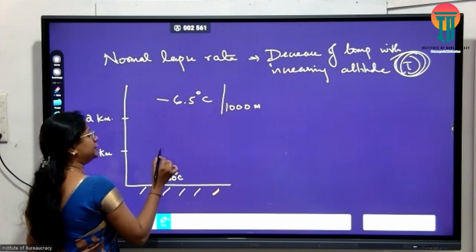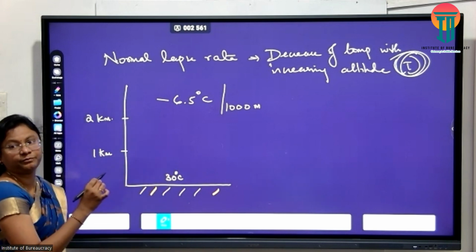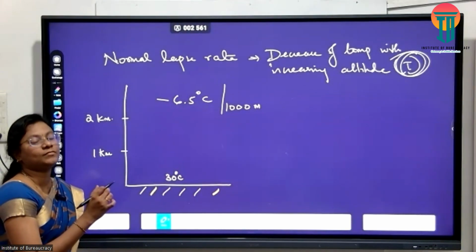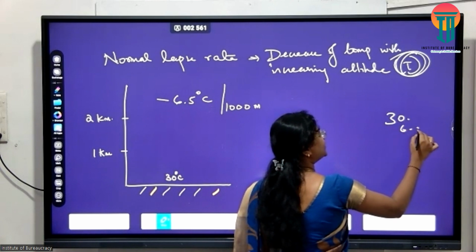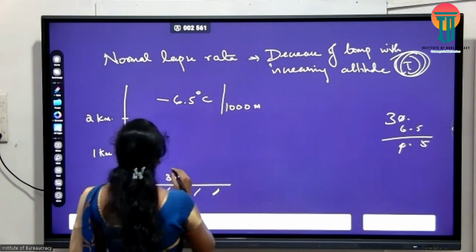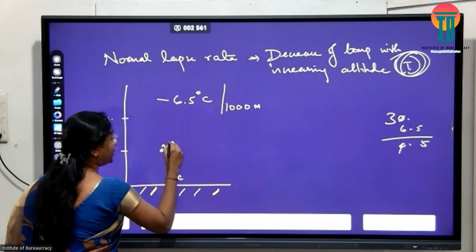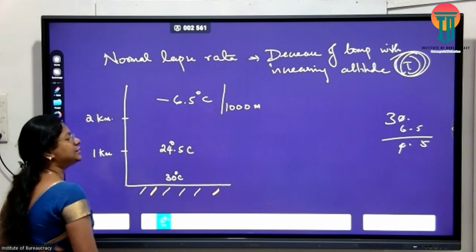Minus 6.5: 30 minus 6.5 is 24.5. So 1 kilometer above, my temperature is 24.5 degrees Celsius.